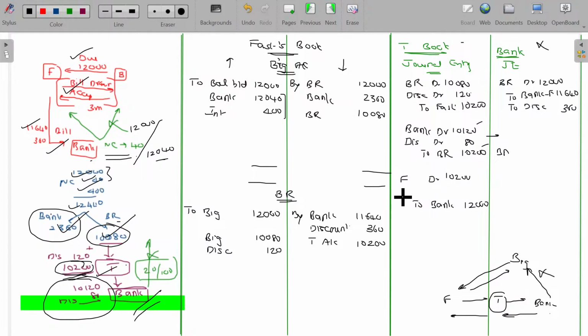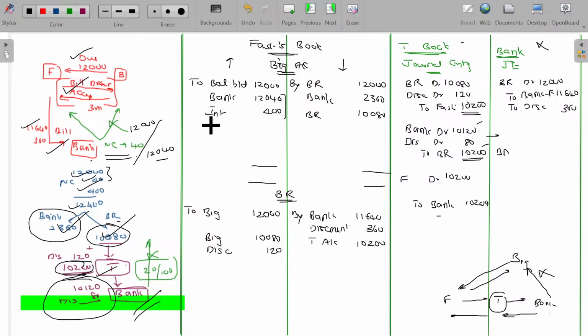This will be the value, how much is the amount recoverable from the bank? 10,200. How much money do I now recover from the other party F? 10,200. It's now matching. Automatically, it becomes a part of F's book in Big.